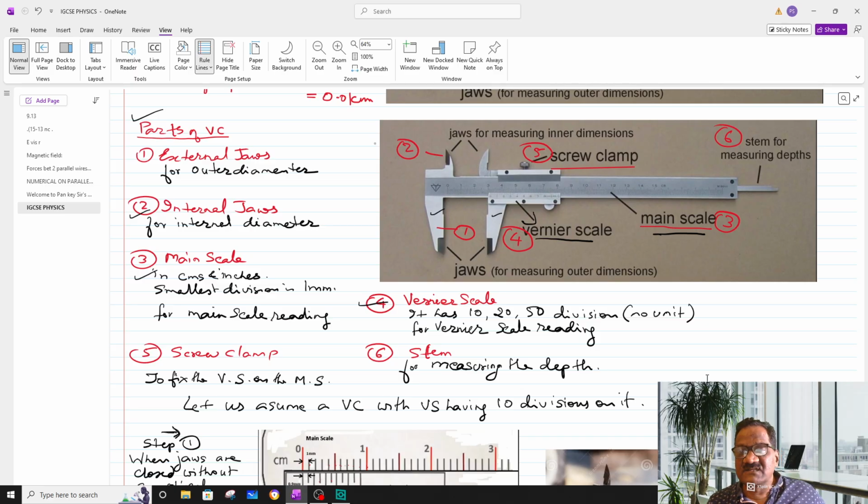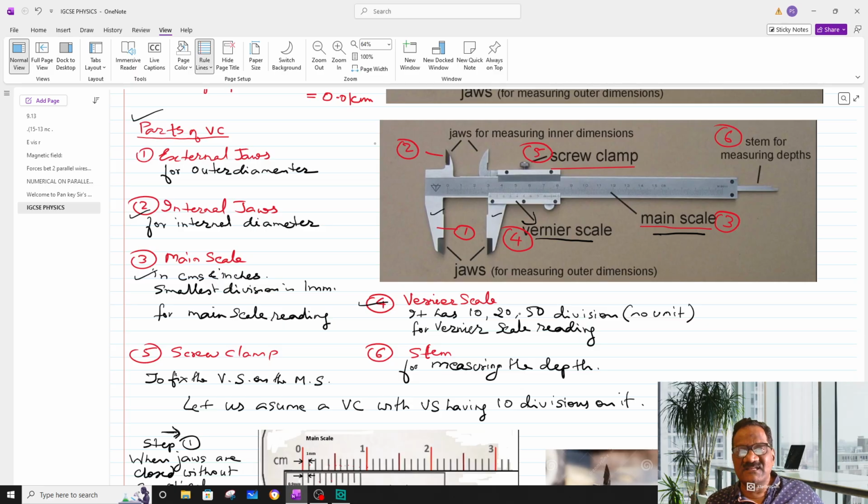In some vernier scales you have 20 divisions. In some vernier calipers you have 50 divisions. So it depends. When the number of divisions on the vernier scale increases, the least count of the vernier caliper decreases, and the accuracy of the measurement also increases.